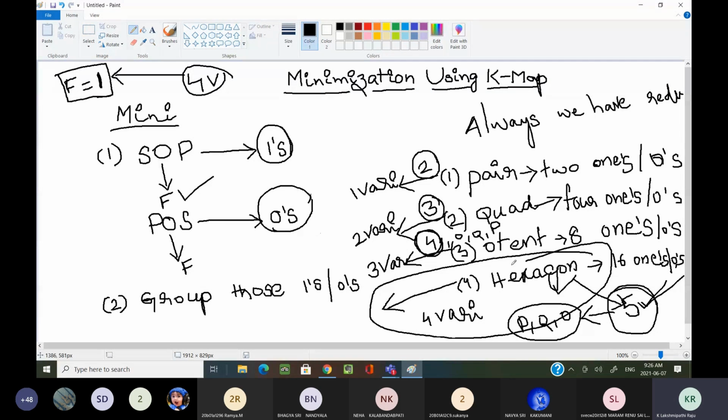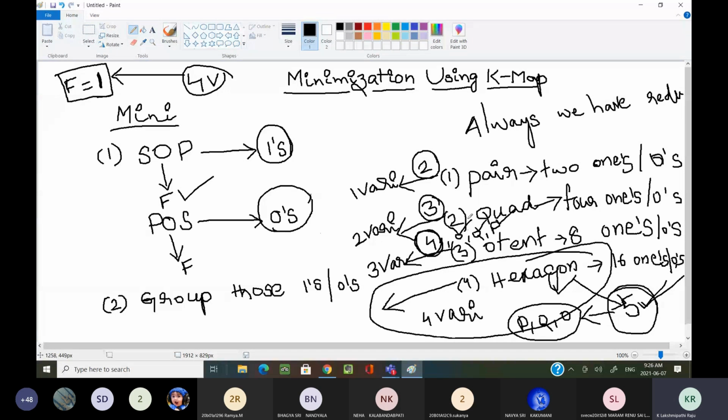That is the reason. Definitely, if it is a 4-variable, you can form a hexagon. But in most of the examples we are solving, we can form the maximum as an octant, next a quad, next a pair.